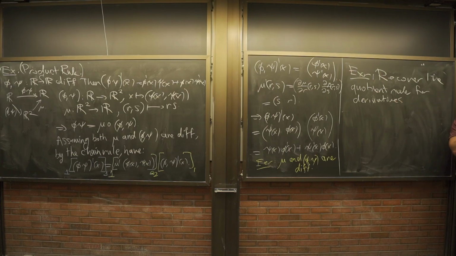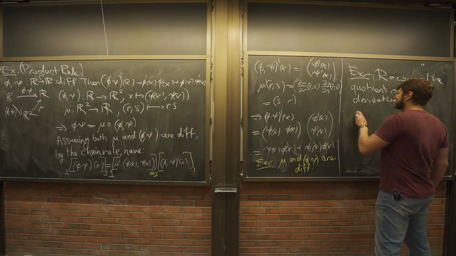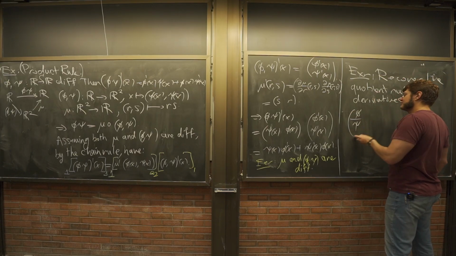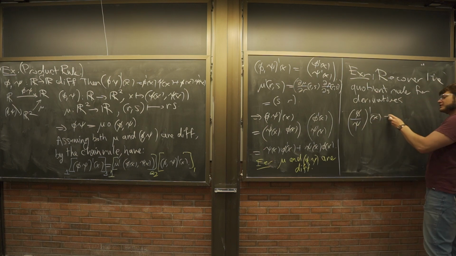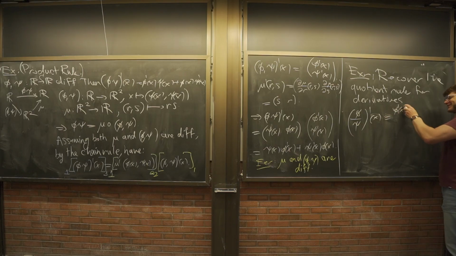Do we remember what this quotient rule said? Whenever applicable, this ratio is this times this minus the other way around, divided by the denominator squared.